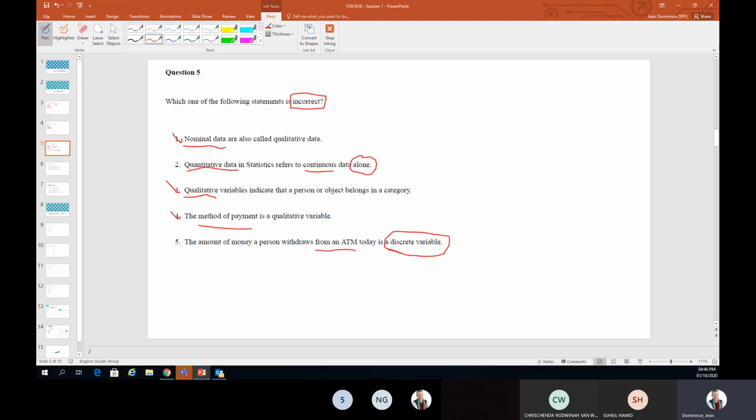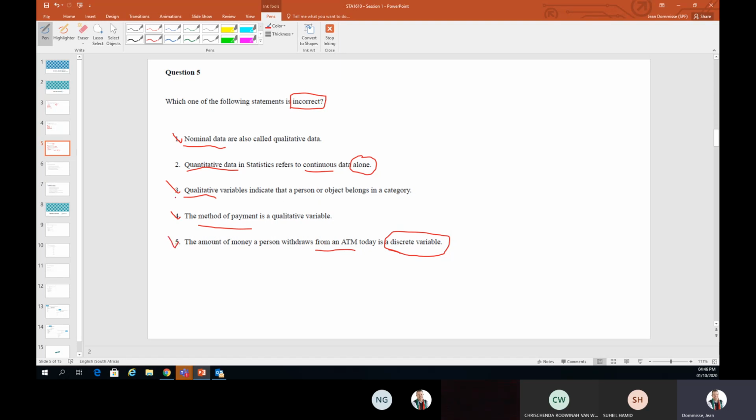It's something different if it was the time that you stood in the queue at the ATM. That can be a continuous variable. But because the money that you will draw will be a 10 or 20, it can't be anything different. It will be a discrete variable. So that one is correct.